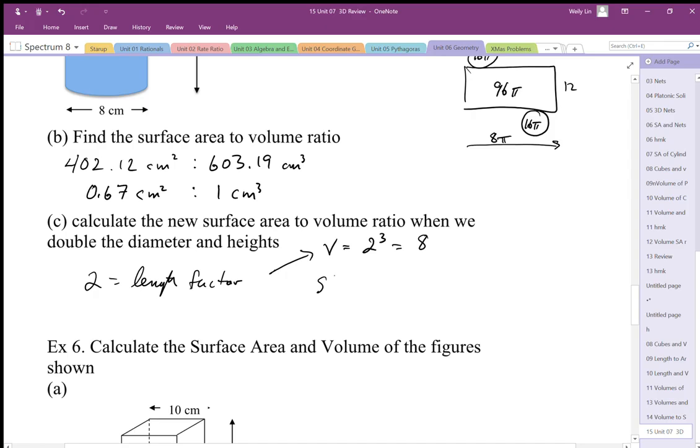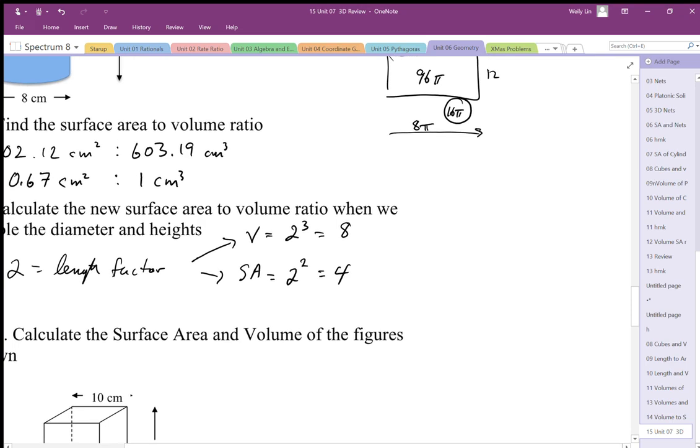The surface area, on the other hand, is area. So the surface area increases by a factor of 2 squared, or 4. So what's going to happen is we're going to get 8 times the volume, 4 times the surface area. So it's going to look like this.